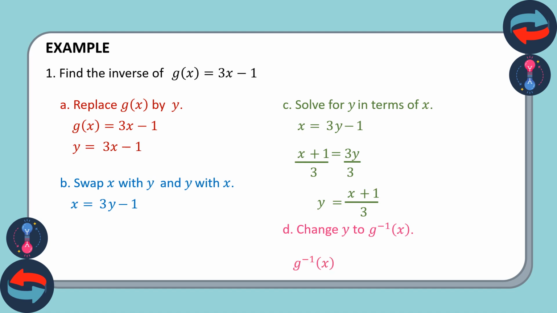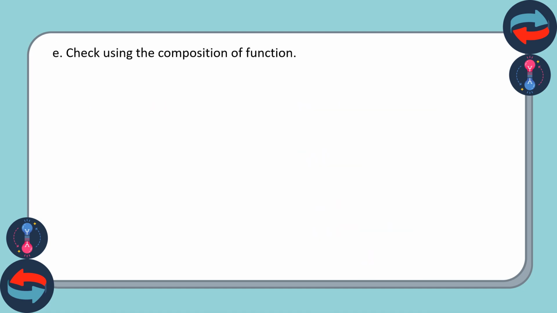The inverse of g of x is now equal to x plus 1 all over 3. Let's check if y equals 3x minus 1 and y equals x plus 1 all over 3 are inverse functions.